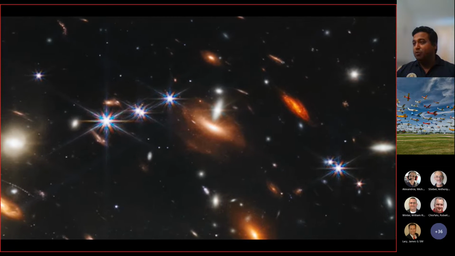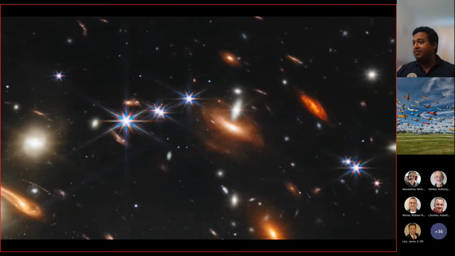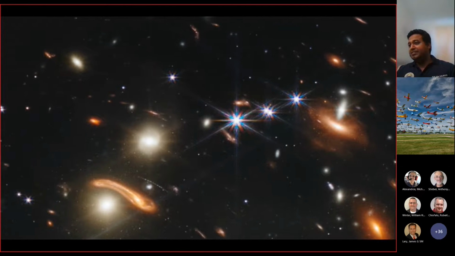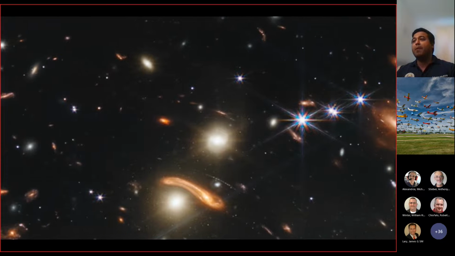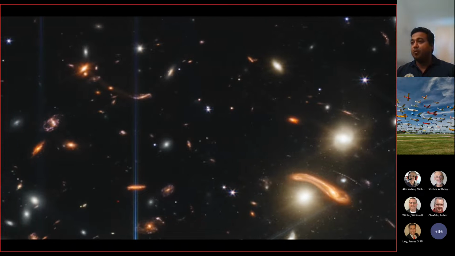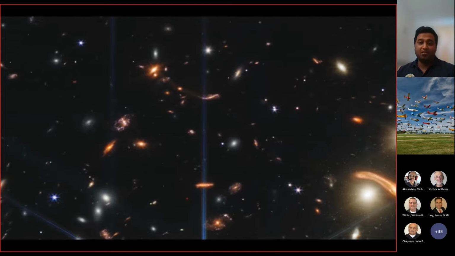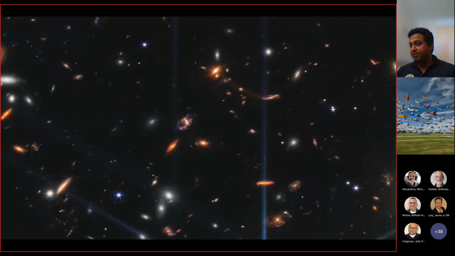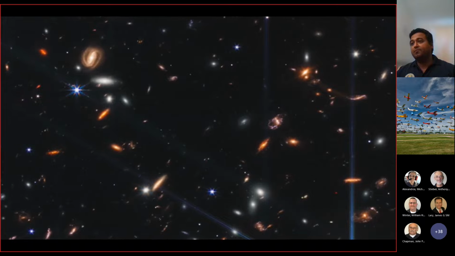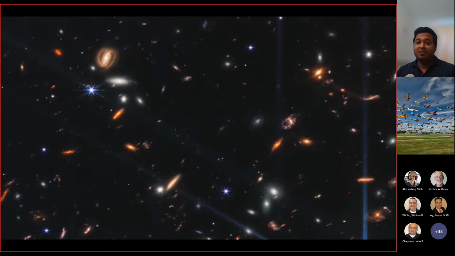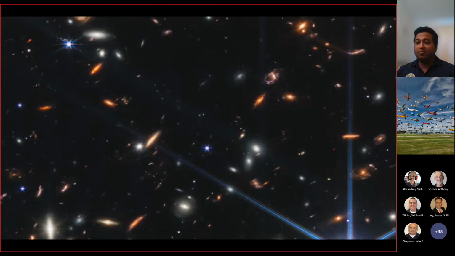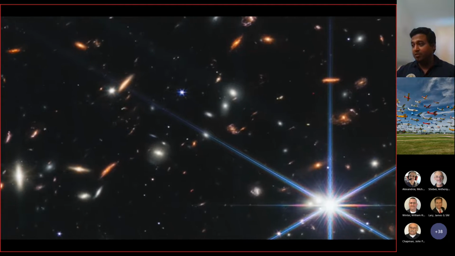These are all individual galaxies. You see some galaxies behind other galaxies, because that's the beauty of infrared imaging. You can look through the clouds and nebula to see objects that are behind each other or aligned on top of each other. But they are two different objects from two different time zones, basically. The one and the other may be more than a few light years apart.